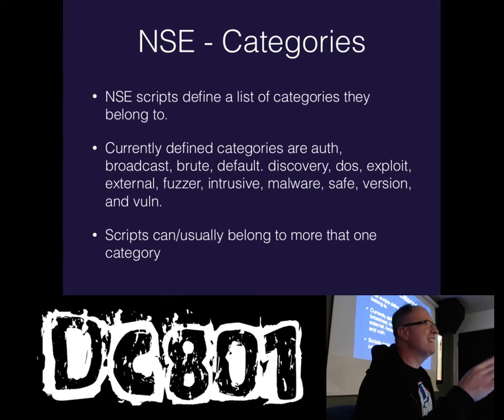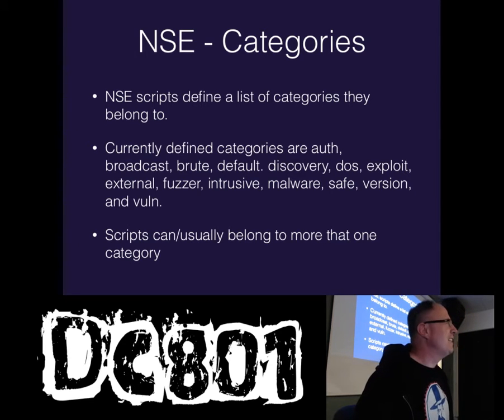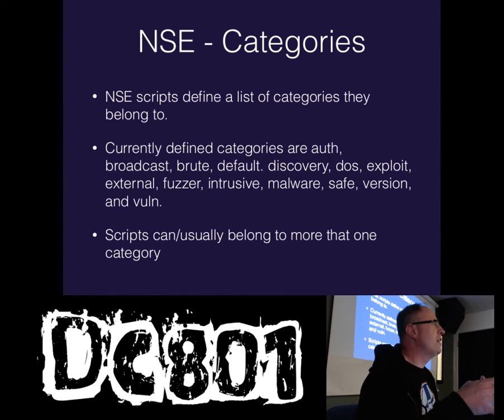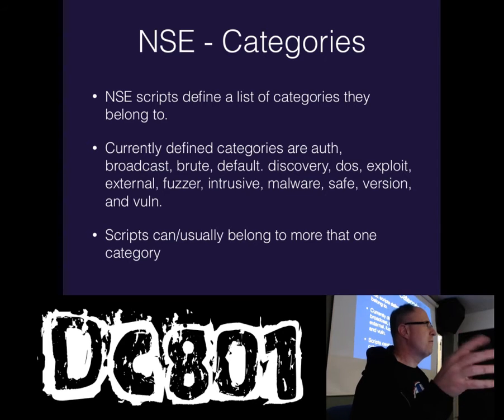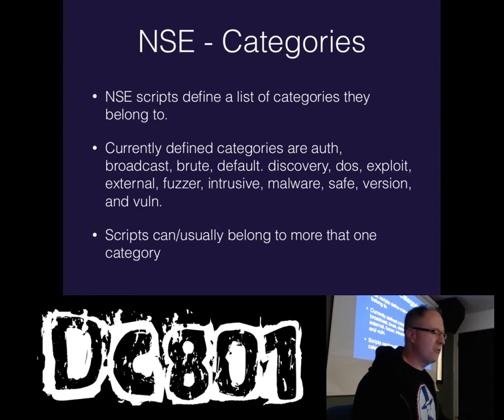NMAP will do all that for you, basically. So we'll hopefully demo that a little bit against Metasploitable. Now, scripts will almost always belong to more than one category. Usually they'll be either safe or intrusive, and then whatever other category of functionality they fall into.